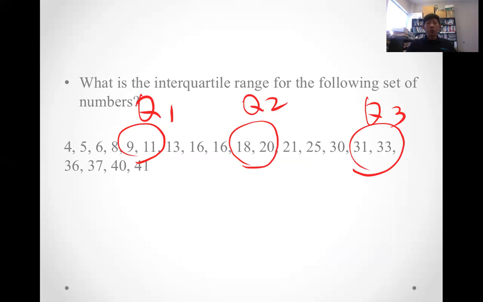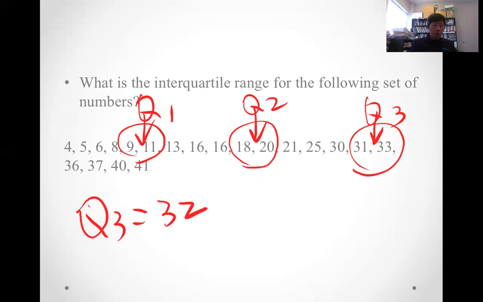Now here, what's the interquartile range? We have to find Q3. What's Q3? Q3 is between these numbers, so therefore Q1, Q2, Q3. Q3 is 32. Q1 is how many?